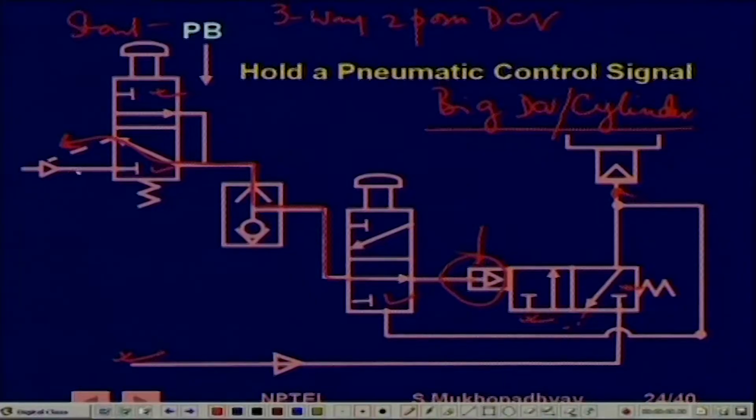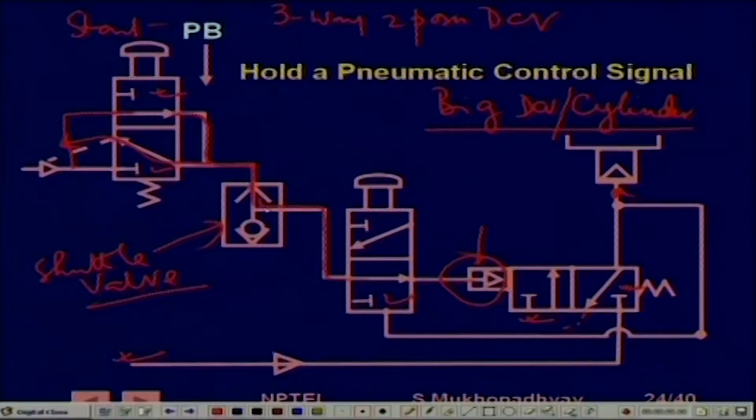So immediately this pressure will be applied, this shuttle will move, this is the shuttle valve. This shuttle will be pressed and air will flow in through this and it will create pressure. The moment it creates pressure, this valve will shift and come to this position. When it comes to this position, this gets connected and therefore this gets pressure.